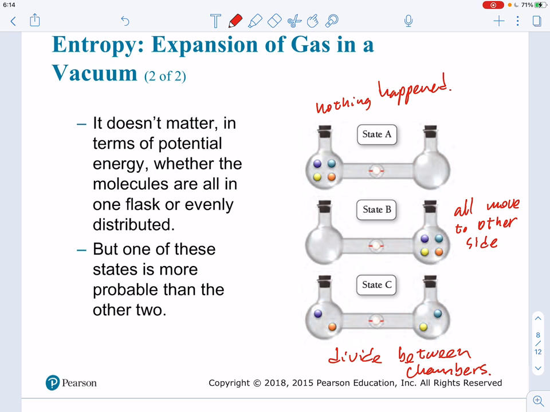And intuitively, you know that this is the most likely outcome, based on common experience or everyday life, so to speak. But now we're going to explain, based on entropy, why that is the most likely outcome.